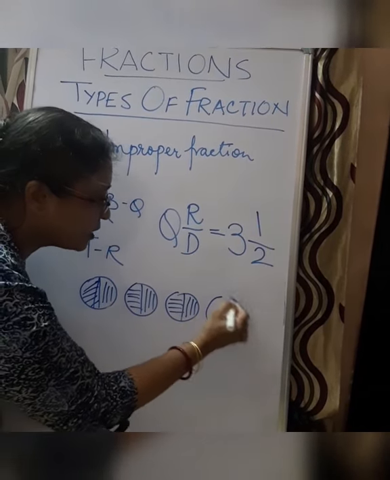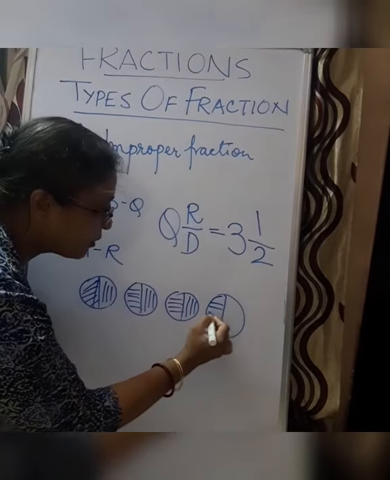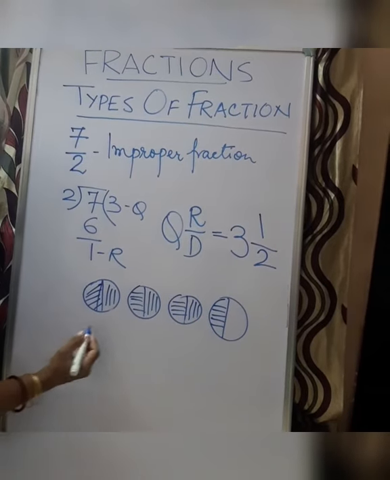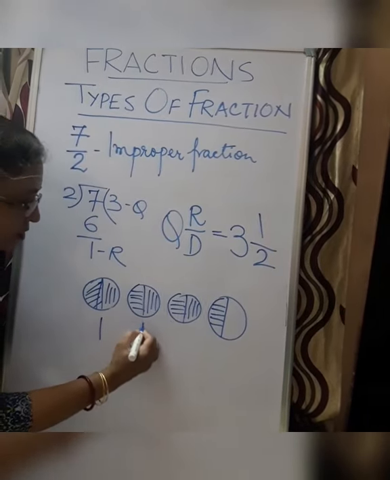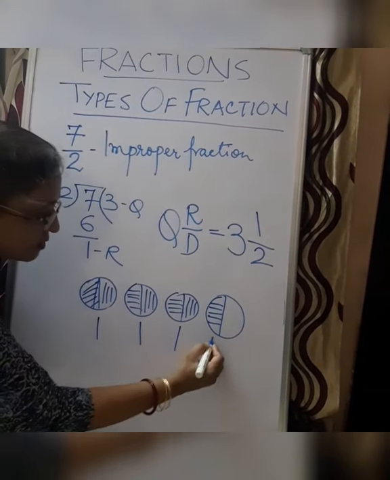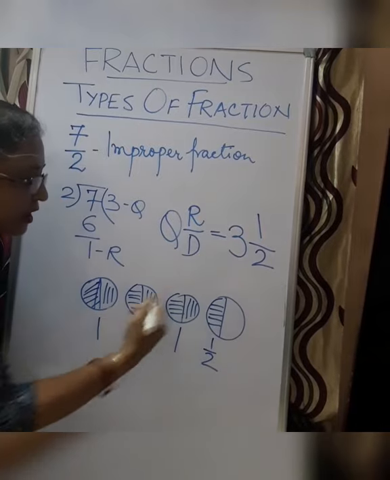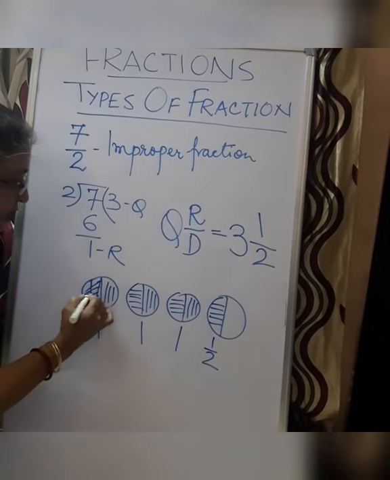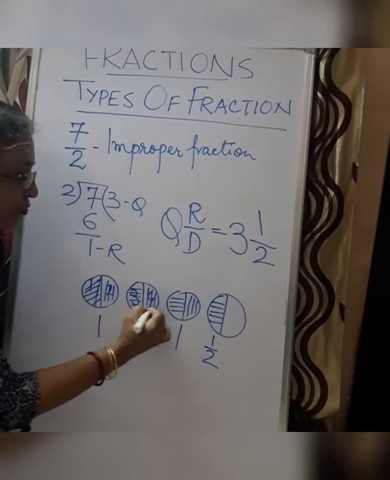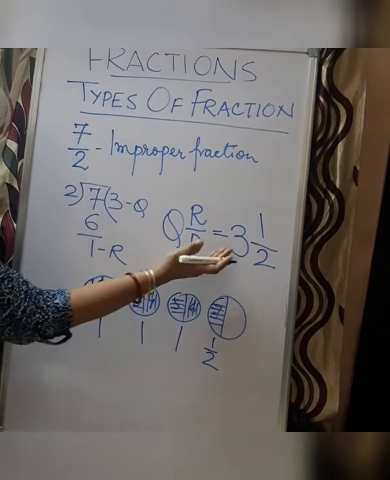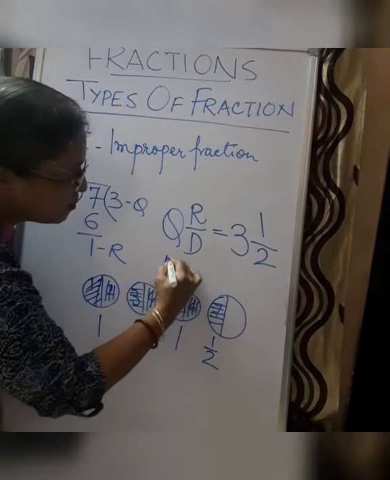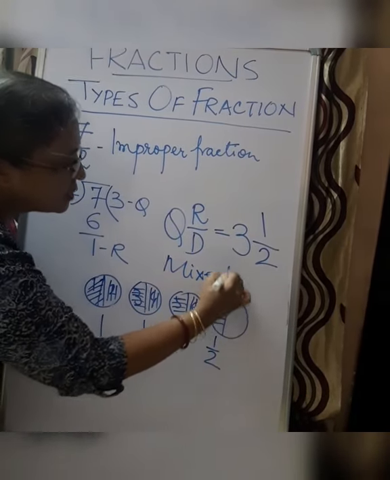So we need another one for making it 7. So this one becomes 1 whole, this is the second one, this is the third one, and this is the half. So 3 and a half, where we are getting 1, 2, 3, 4, 5, 6 and 7. This is known as mixed fraction or mixed number.